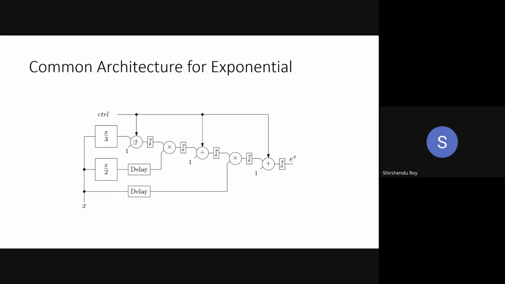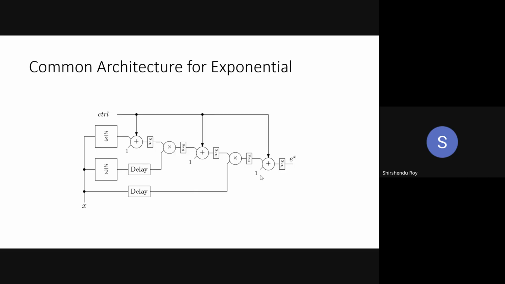So this way, at the output, we'll get e to the power minus x or e to the power plus x. Although here e to the power plus x is written, it should be e to the power minus x or e to the power plus x. And here x is the input. So it's a common architecture for exponential, and you can do the basic architecture modification at your end.